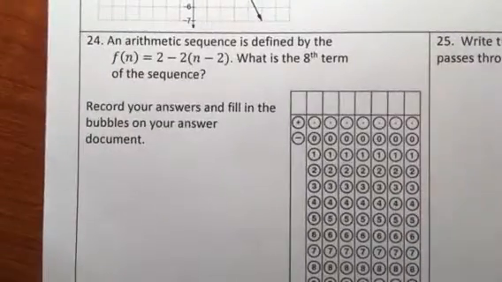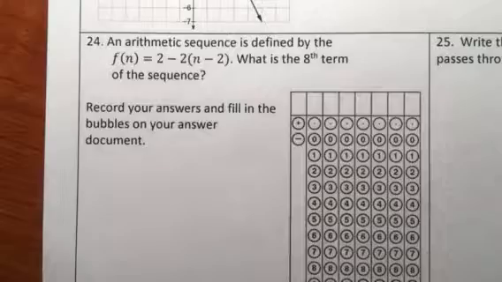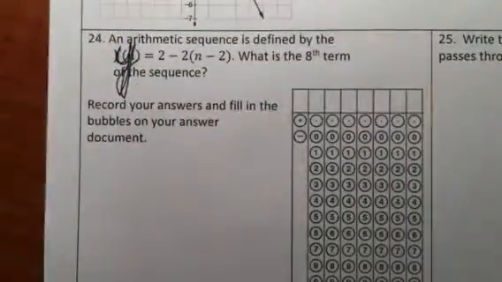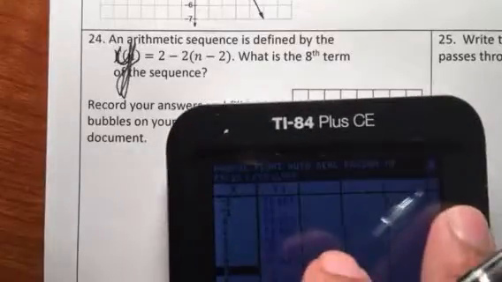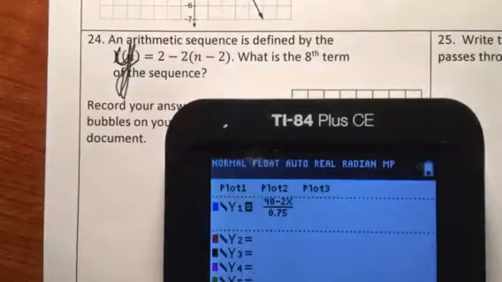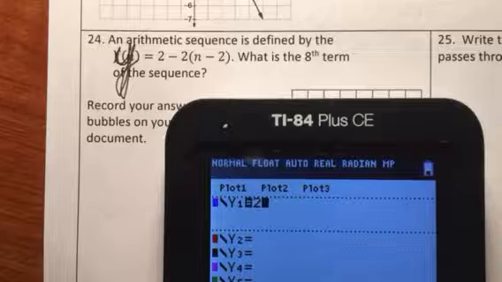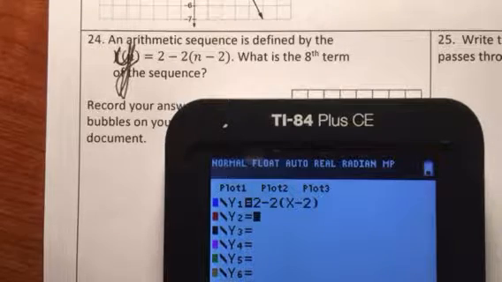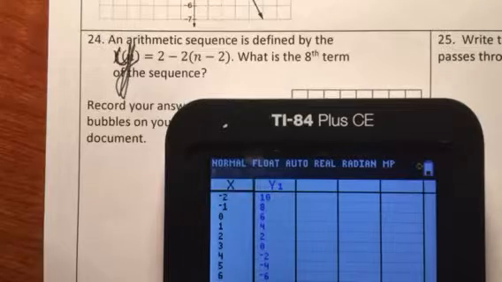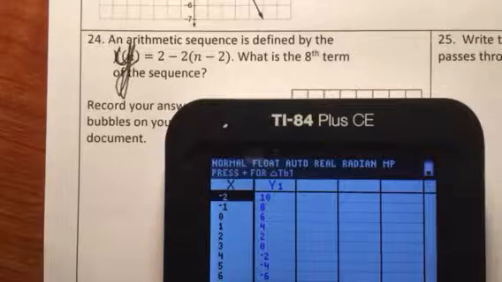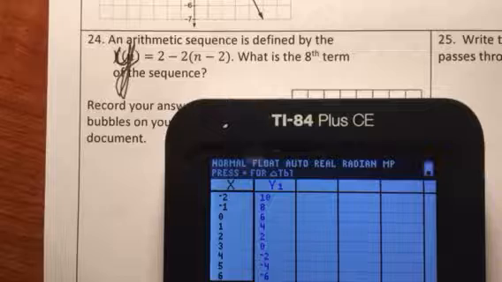Alright, 2 more. So you have an arithmetic sequence. I need you to know if you see f of n, f of x, anything that says f of anything, that's a y equals problem. So I'm going to go to y equals. I'm going to type in that problem. I'm going to go to second graph. It wants to know the 8th term, so I need to go all the way down to 8.